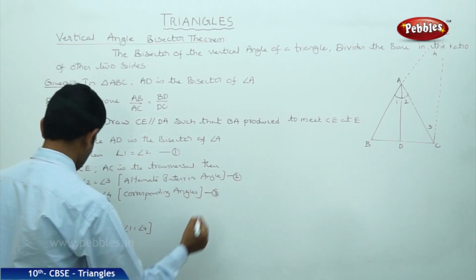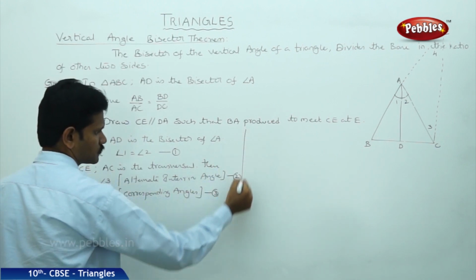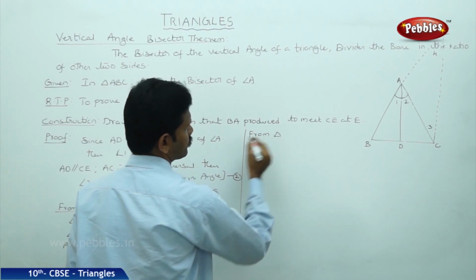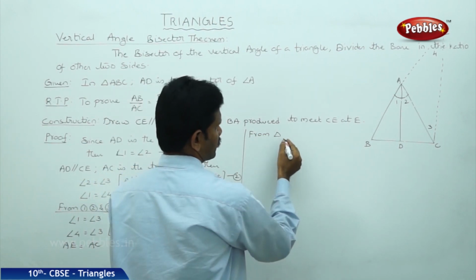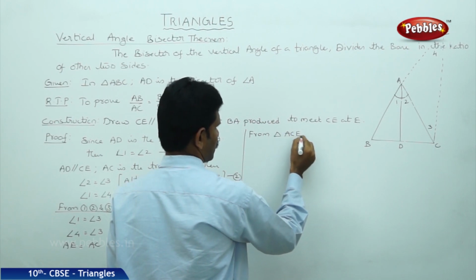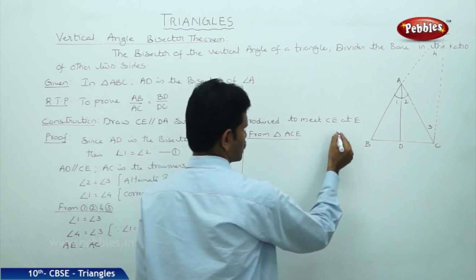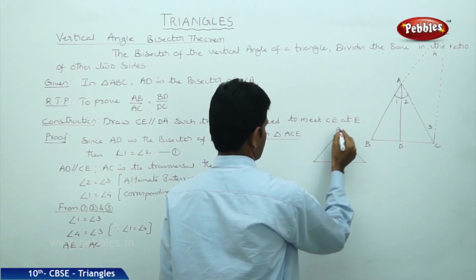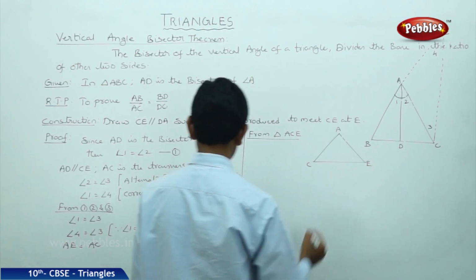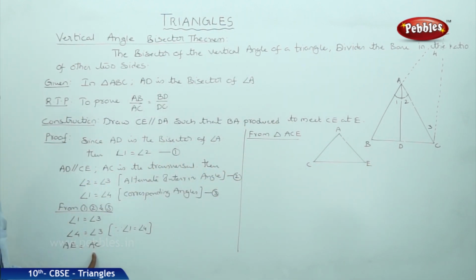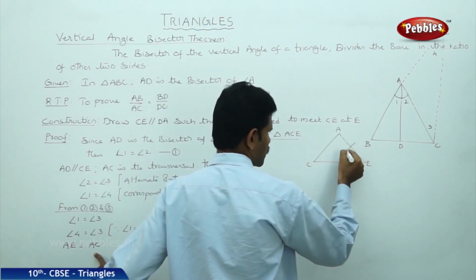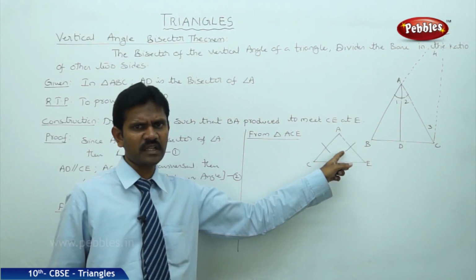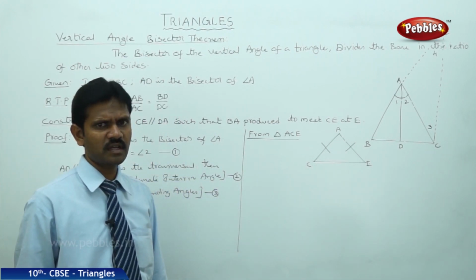Therefore, here we conclude that from triangle ACE, AE is equal to AC. A triangle in which any two sides are equal is called an isosceles triangle.